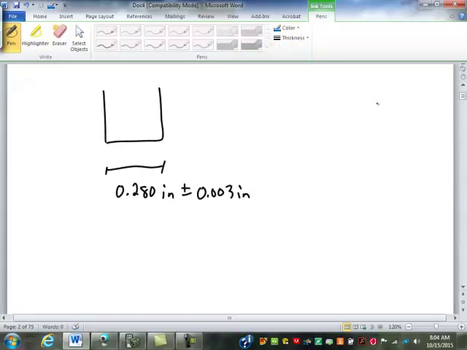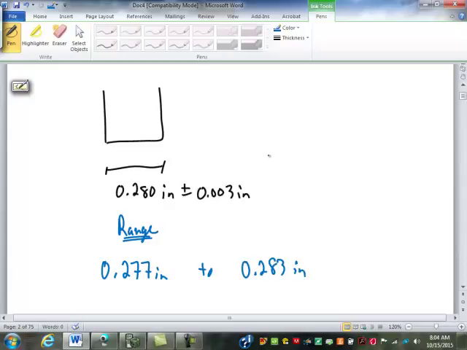Plus or minus 3 thousandths. Yeah, we've seen this before, right? That means we can be a little bit bigger, a little bit larger by 3 thousandths. Of course, that implies a range. What's the range that this implies? 0.277 up to 0.283 inches. Look familiar?